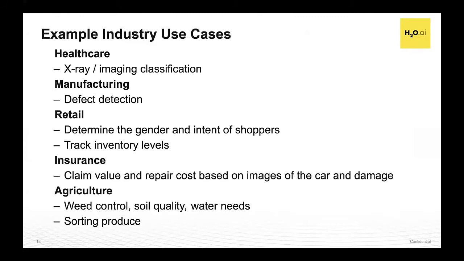So in healthcare, X-ray images are one of the primary images that many practitioners work with. And computer vision is actually very helpful to a lot of practitioners, not by replacing their efforts, but by helping them speed it up.